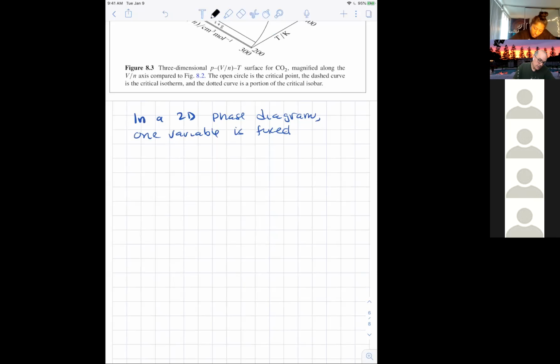We usually look at TP diagrams or PV, VM, right? VM is really thinking about 1 mole of stuff when we talk about VM versus V.